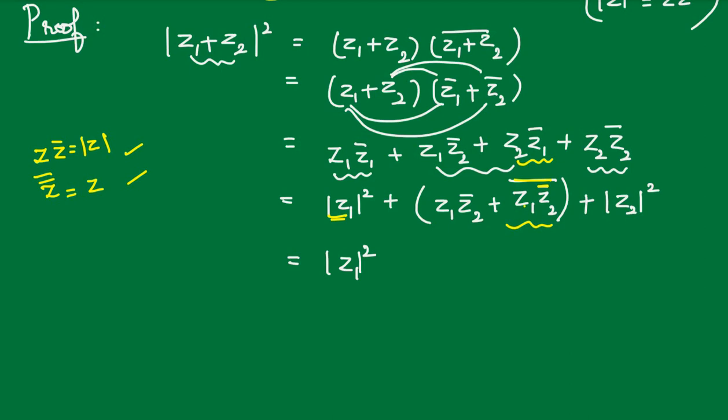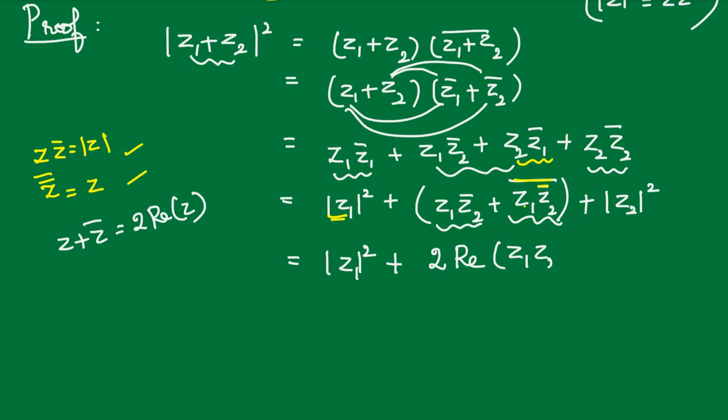Now the property we have proved, Z plus Z bar is equal to 2 times the real part of Z. So this is of the form Z plus Z bar, where Z is Z1 Z2 bar. So this can be written as plus 2 times real part of Z1 Z2 bar plus modulus of Z2 square.